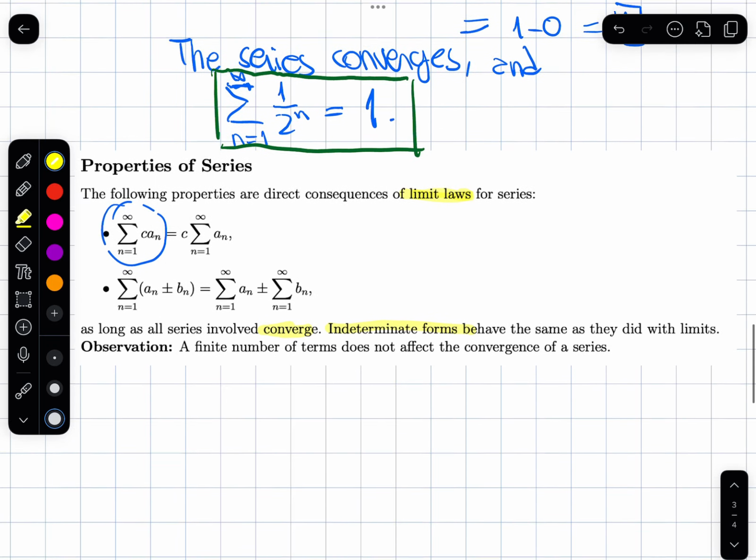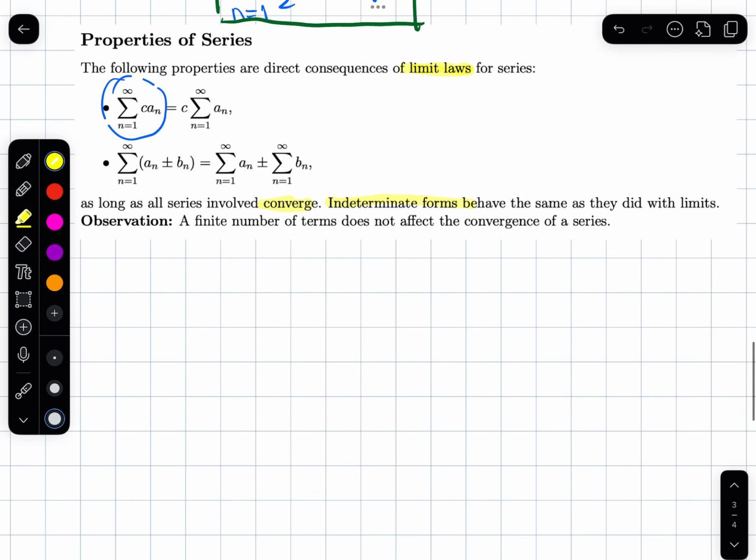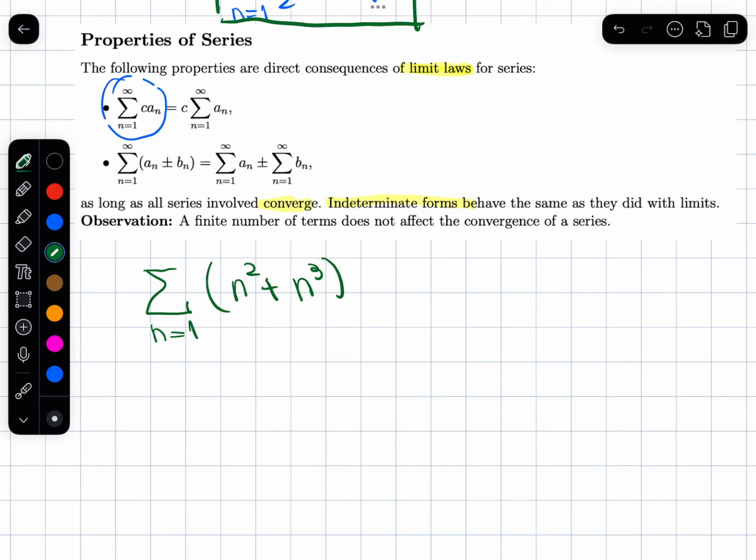If you think about how limits work, if I have something like the sum of n squared plus n cubed, n equals 1 to infinity, I knew this one was divergent from a previous example, and so this one from a previous example.